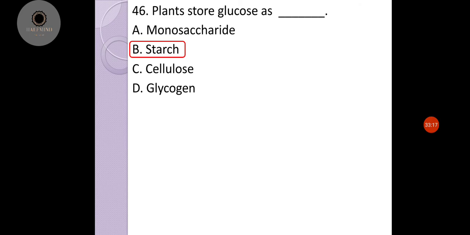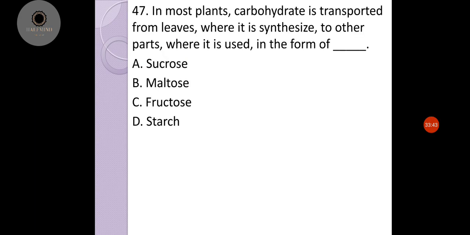Sa fruits, meron ding starch, that is where they store their glucose nga nanubra. Pag nanubra ang glucose nga ilahang ginagamit or ginaproduce from their leaves, they have stored their glucose in a form of starch.